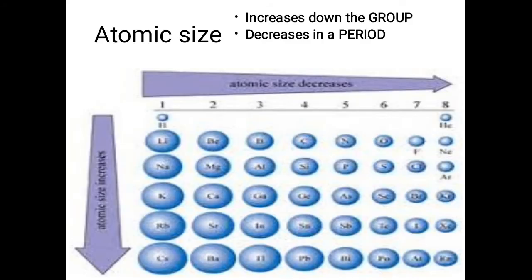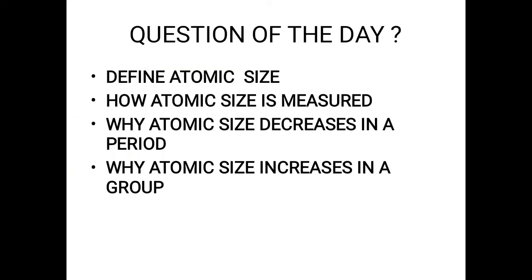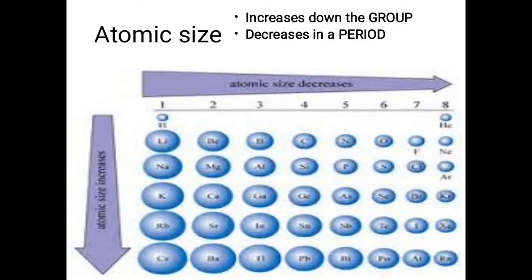So why does it happen? Atomic size increases down the group, but atomic size decreases in a period. Why? The atomic size is increasing down the group because the number of shells is increasing.